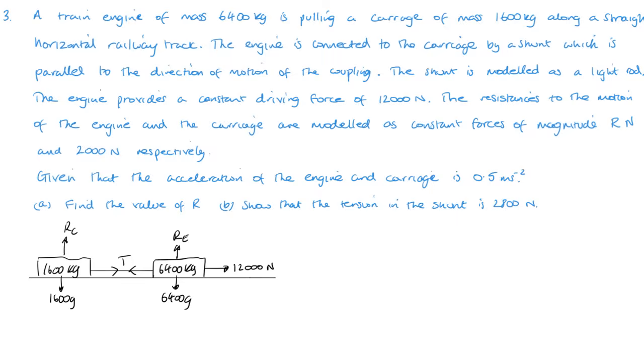So what else have we got? Oh, there's resistance forces. So the engine and the carriage are modelled as constant resistance forces of magnitude R and 2,000 newtons respectively. So I'll put this on in red. So that has R newtons and this one has 2,000 newtons there for the resistance forces.